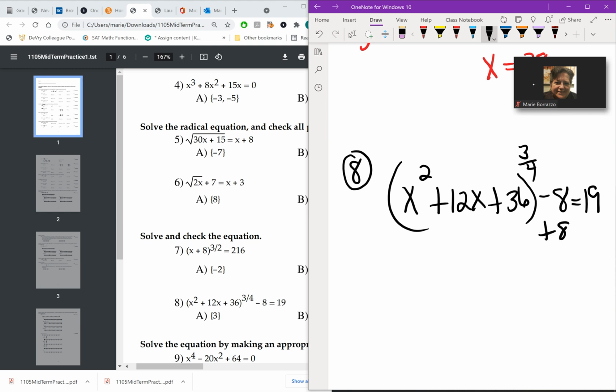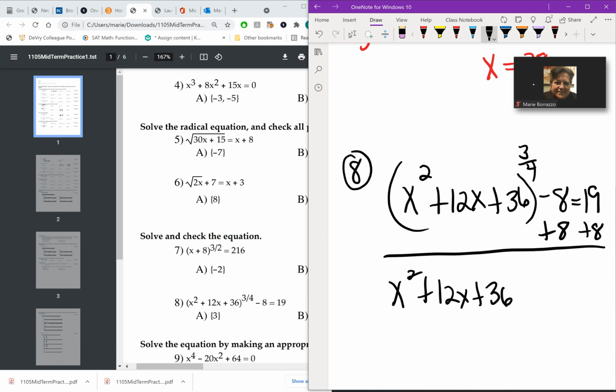We're going to add this 8 on both sides. So this gives you (x squared + 12x + 36) raised to the 3/4 power is equal to 27.